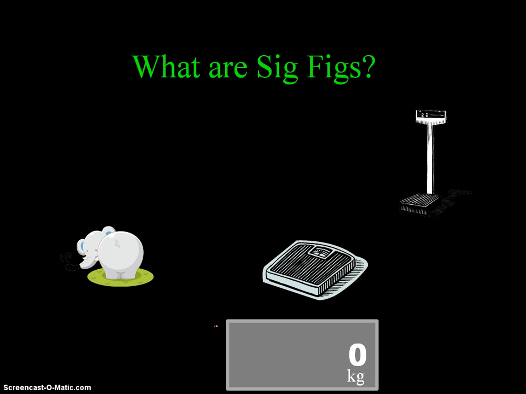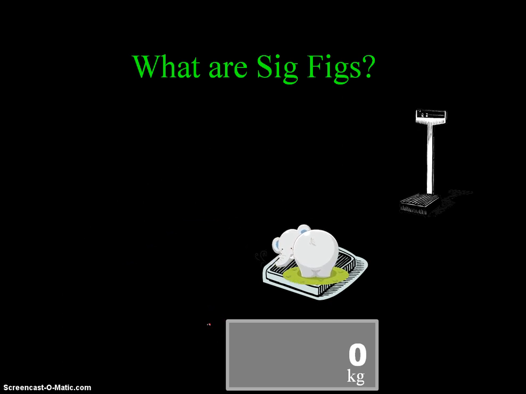So my elephant scale is going to go ahead and round to the hundreds place of kilograms. Okay, so it's going to round to the nearest 100 kilograms when I weigh my elephant. So here we go. There we are. Fred weighs 2,300 kilograms. Now remember, that number is rounded to the nearest 100 kilograms.